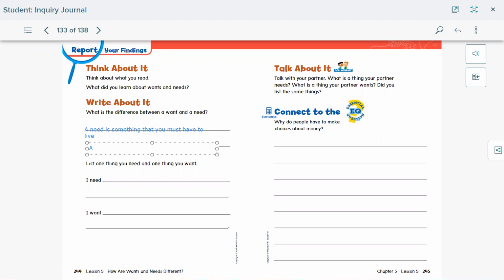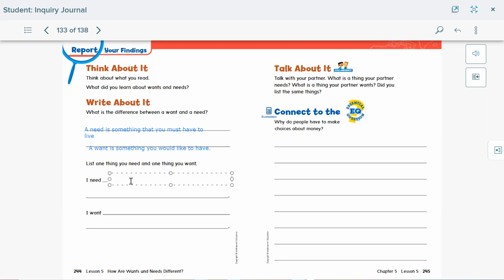A want is something you would like to have. And we talked about that. List one thing you need and one thing you want.